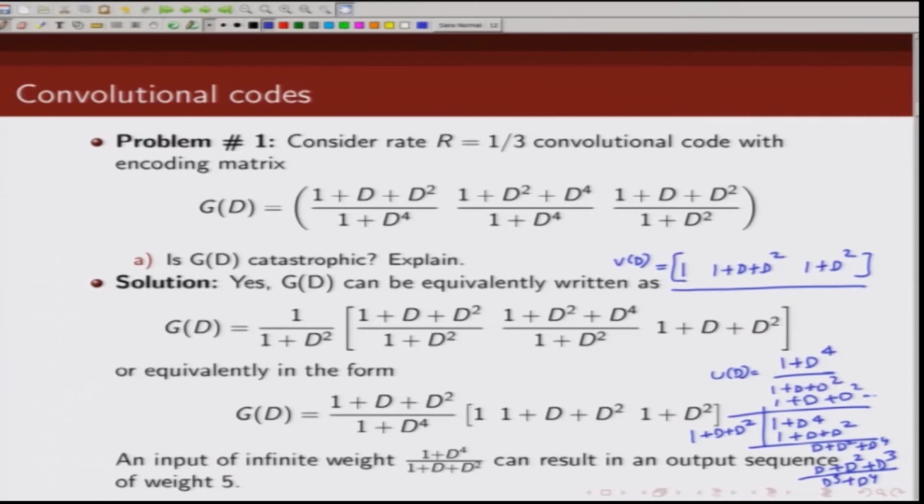Like that basically we can see that this is an infinite series. The input is an infinite series, 1 plus d square is essentially an infinite series. We can expand it like that, whereas the output is a finite series. It is just 1 plus d square, and the third bit is 1 plus d square. So, you can see the input has lots of ones in it, but the output has finite ones. So, this is a case of a catastrophic encoder.